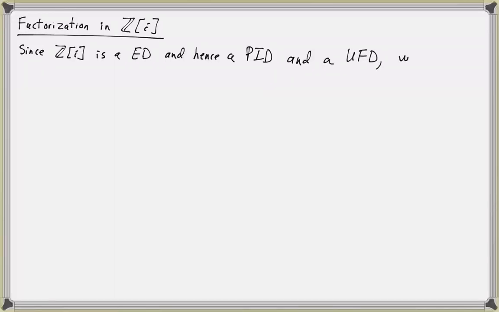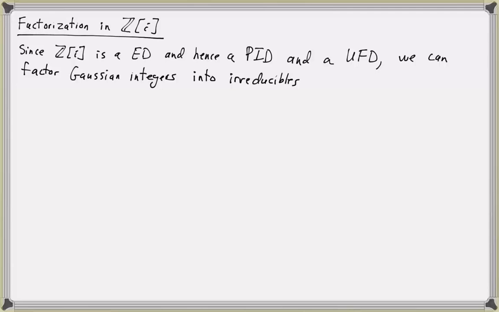So we can factor the Gaussian integers into irreducibles, but every irreducible in a PID is also a prime element of that PID.